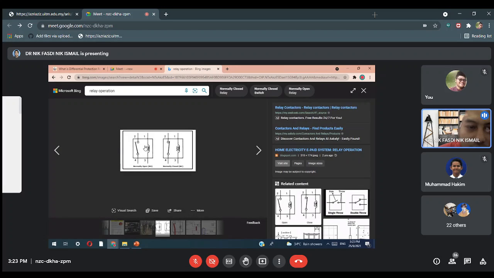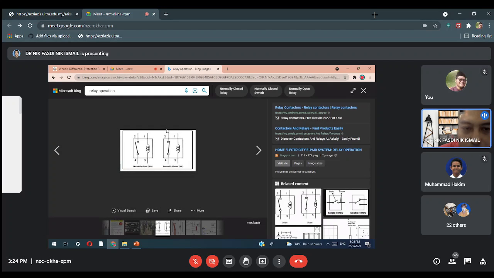When the coil is on, it will close, meaning the circuit closes, so current can flow. This is what we usually use for the overcurrent relay, where it is normally open. There is also the relay where the contact is always closed. Whenever the coil turns on, it will open. This is the breaker; that is its concept.